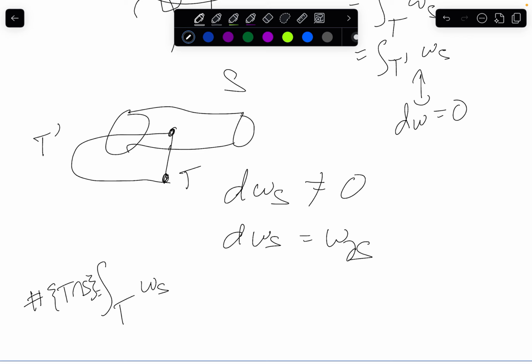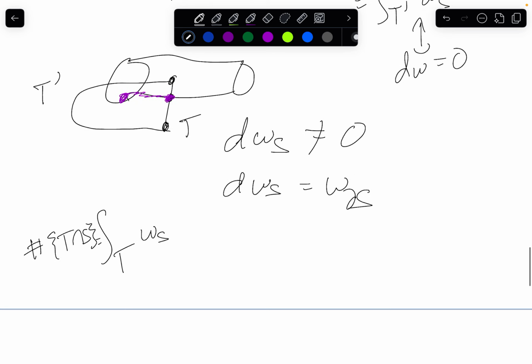Well, over here you have a point of intersection, and you keep having this point of intersection until you hit this boundary, and then the point of intersection is gone. So this is not equal to the integral over T prime of omega S, which is equal to the number of points of intersection of T prime with S, right? So this is equal to 1, and this is equal to 0.